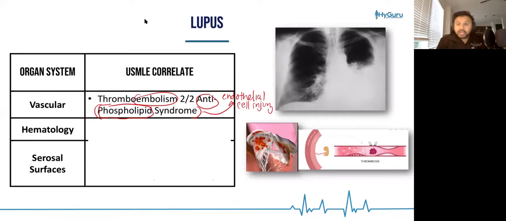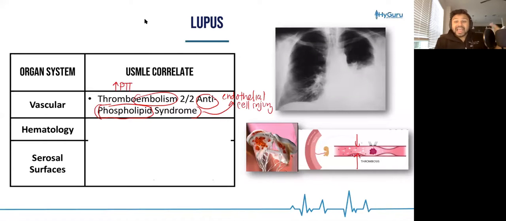And you can see not only thromboembolic phenomena, such as PE, DVTs, but you can get placental abnormalities. And that's why patients with lupus can present with recurrent abortions. So what's high yield for us to recognize here is that patients with antiphospholipid syndrome can have abnormalities in their PTT.